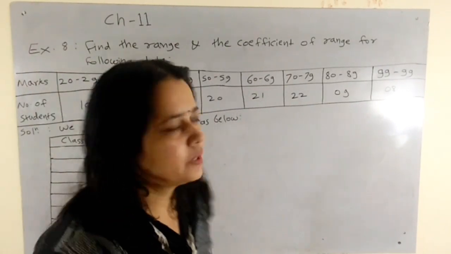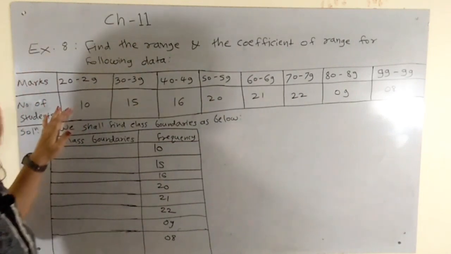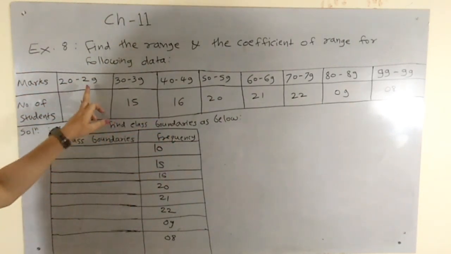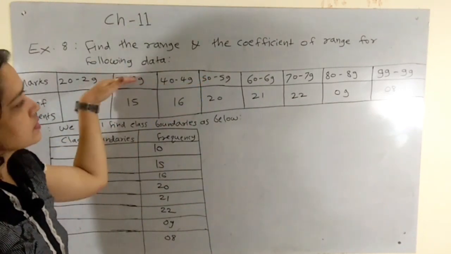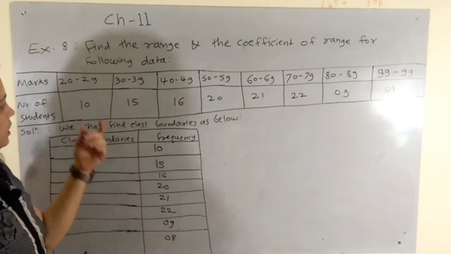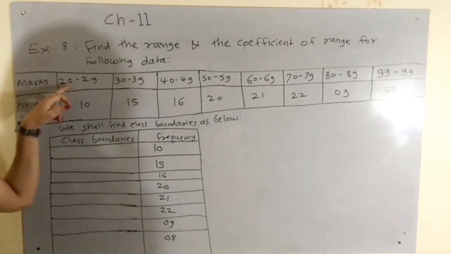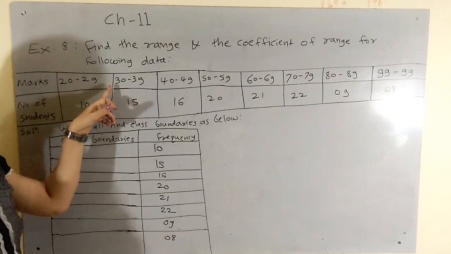Okay, our next example is: find the range and coefficient of range of the following data. Data is given here in marks and number of students, but we know that this data is not continuous, or this is not a continuous distribution. So we have to find class boundaries. For class boundaries we have to subtract 0.5 from the lower number and add 0.5 to the upper number.